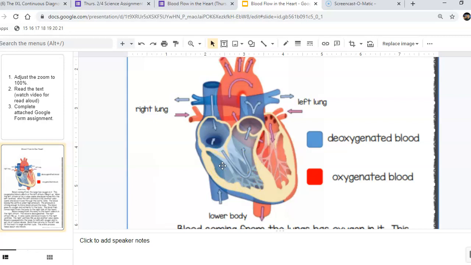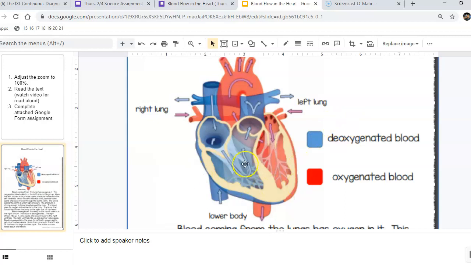But it wouldn't make sense to pump this blood back to the rest of the body, would it? The blood is deoxygenated. Why would you send a bunch of blood back out to the body cells that has no oxygen in it and a bunch of carbon dioxide waste? That wouldn't make sense. Those cells don't want that carbon dioxide back. They want oxygen.